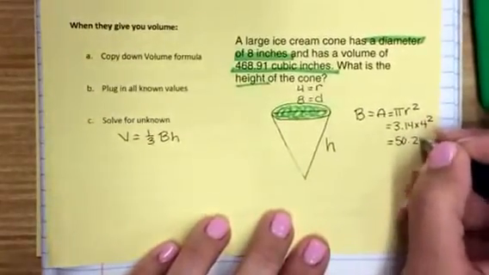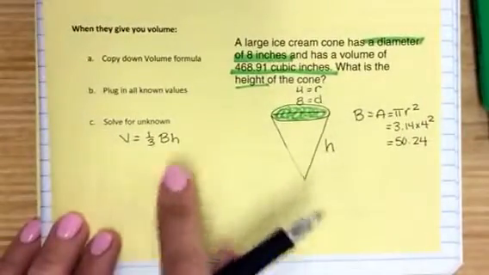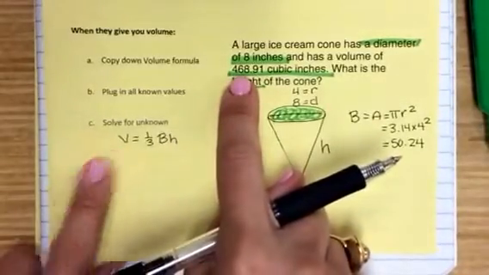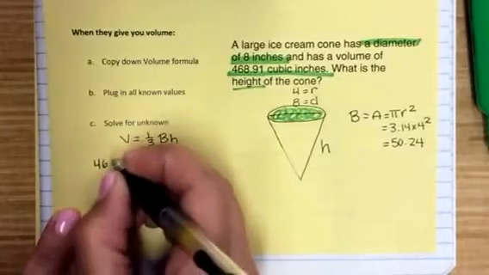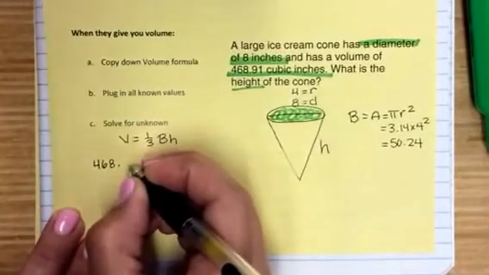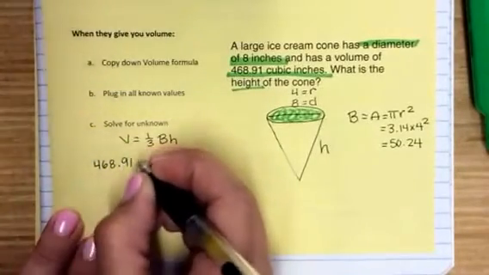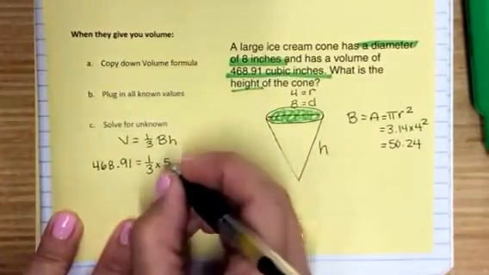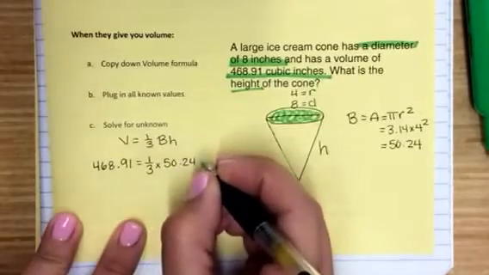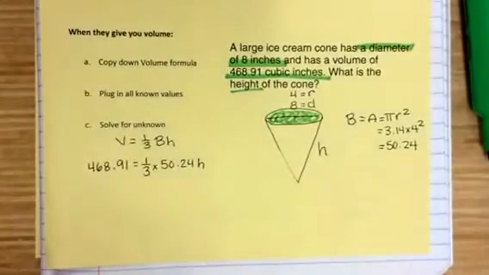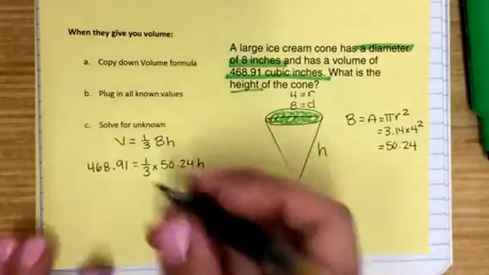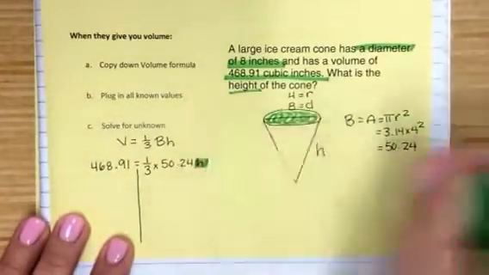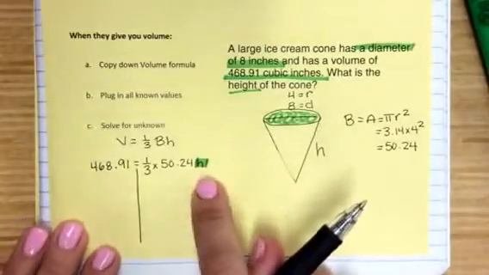So now I can plug in my values here. Instead of V for volume, I'm going to write what they give me the volume was. 468.91. I have 1/3 times 50.24, and then the H. And now this just becomes a regular equation, where if we highlight the variable, we need to leave the variable alone.